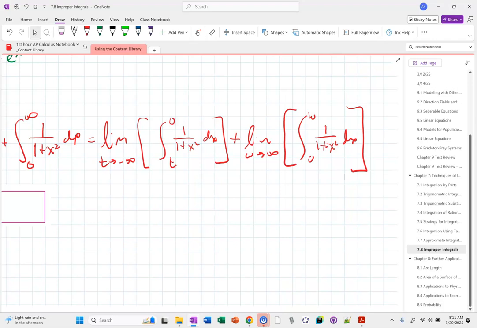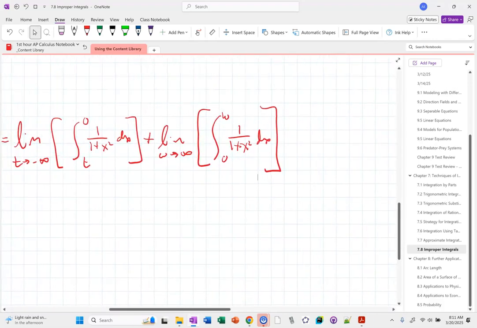How are we going to integrate, or what's the antiderivative of 1 over 1 plus x squared? Tangent inverse. Well done.